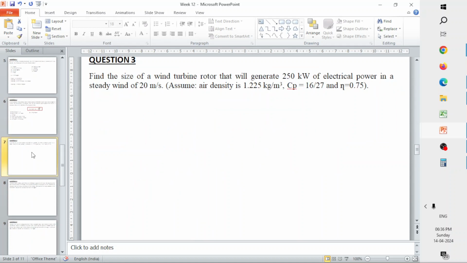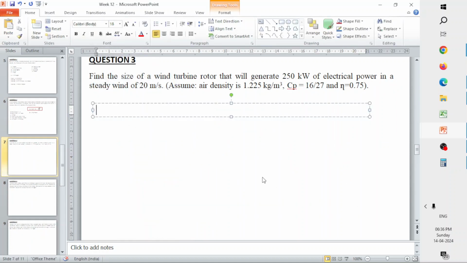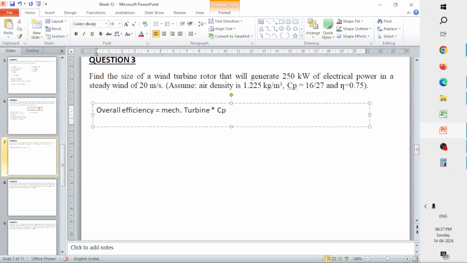So overall efficiency is equal to the mechanical efficiency of the turbine times Cp, and this overall efficiency can also be written as P out by P wind.